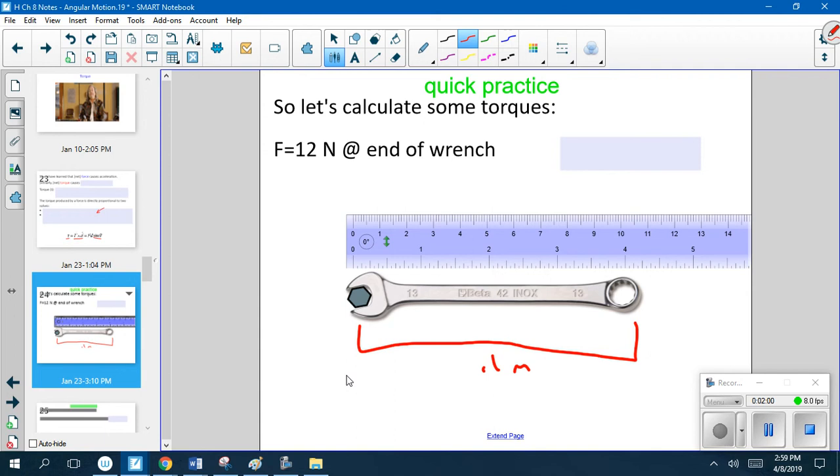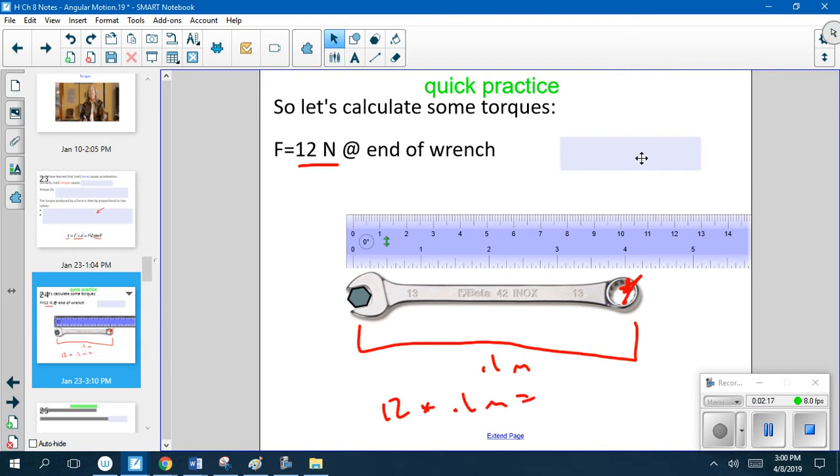If we're applying a force of 12 newtons at the end of the wrench, 0.1 meters away, we end up with 12 times 0.1 meters, and we should get 1.2.